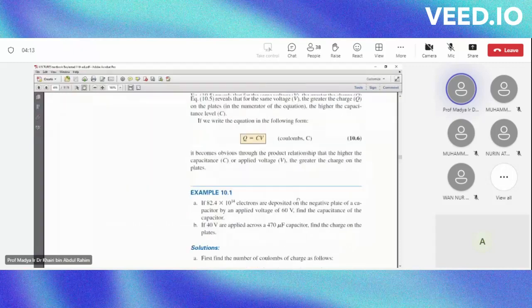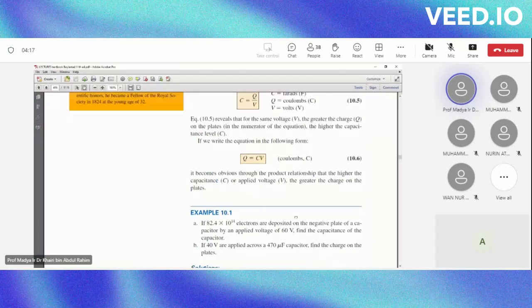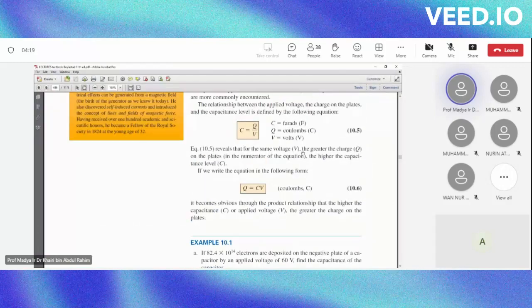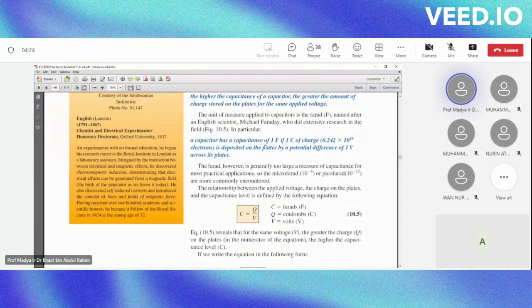If you notice here, it's per coulomb. Okay, so 1 coulomb equals 6.242 times 10 to the power of 18 electrons.